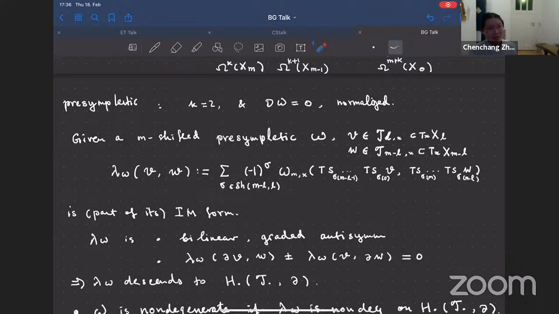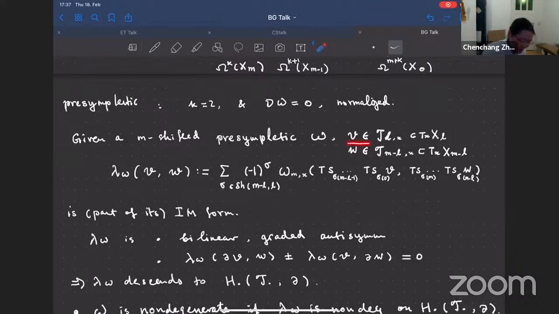But I guess it's also known to the Poisson community under the name of IM forms, infinitesimal multiplicative forms.